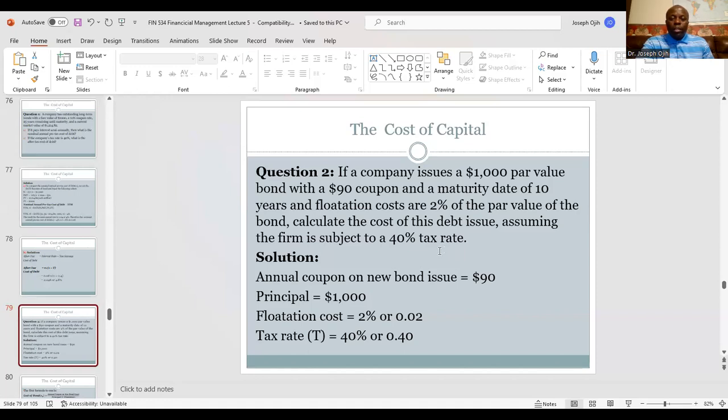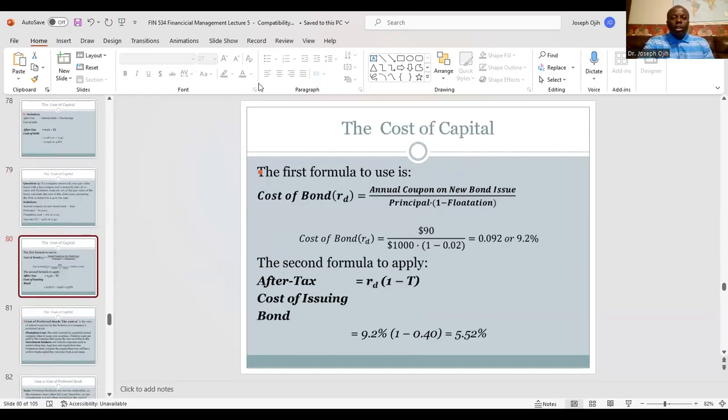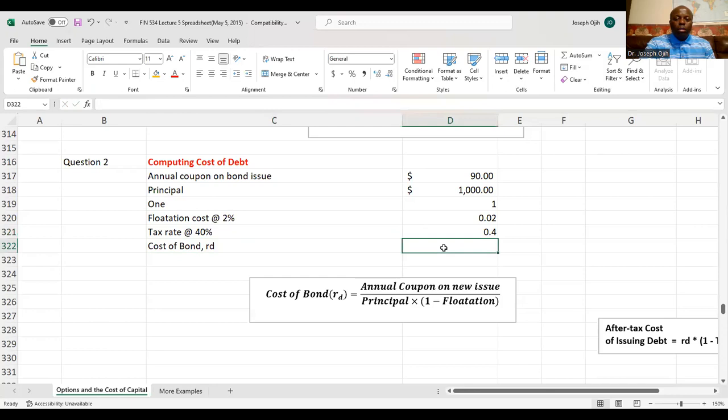Now we are calculating the cost of this debt issue. The cost of issuing this bond to the company is its cost of bond issue. The formula says the cost of bond is the annual coupon on new issue divided by the principal times 1 minus the flotation cost.